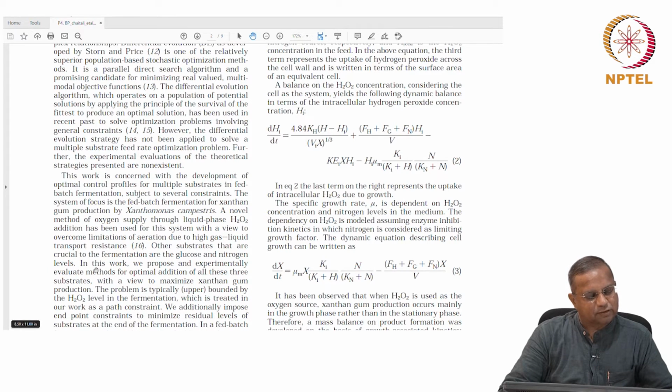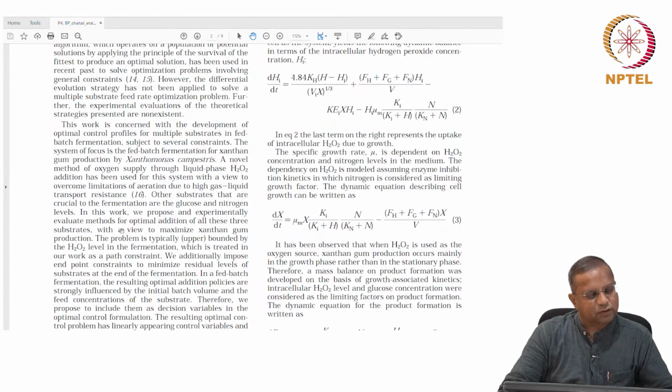Other substrates that are crucial to the fermentation are the glucose and nitrogen levels. And in this work, we propose and experimentally evaluate methods for optimal addition of all these three substrates with a view to maximize xanthan gum production.